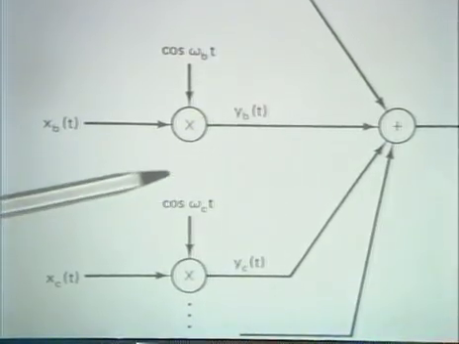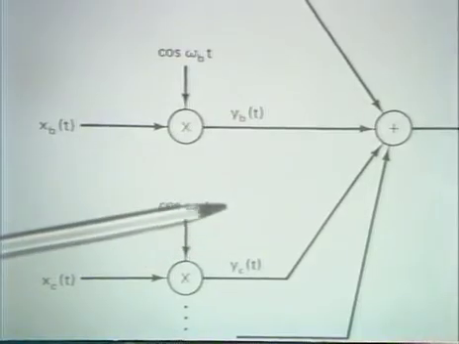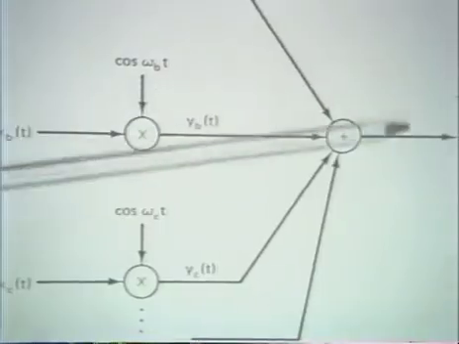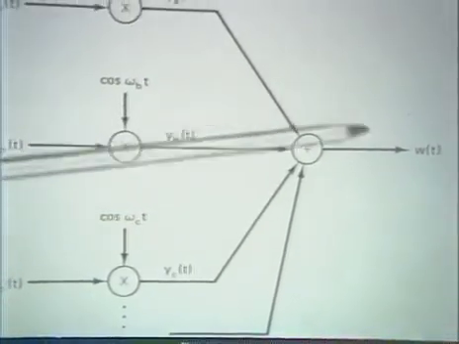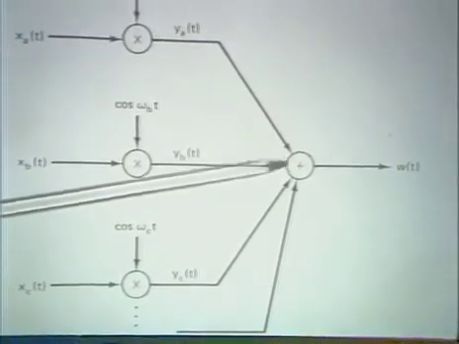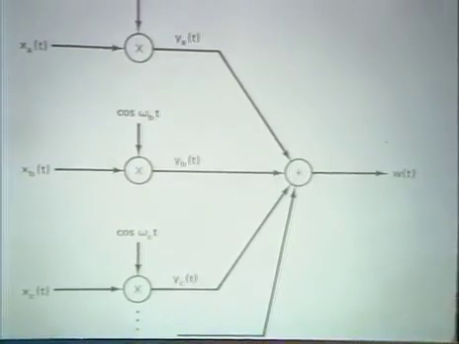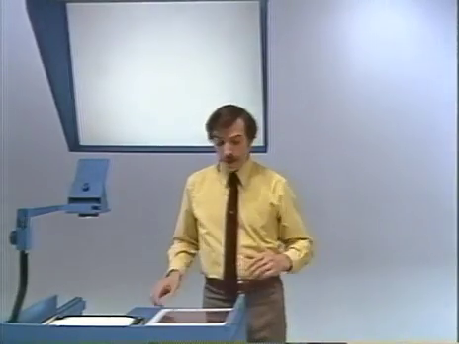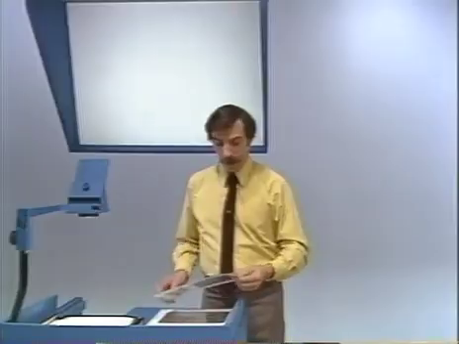And if we choose these carrier frequencies appropriately, then in fact we can add all those together and do it in such a way that the spectra don't overlap and end up with one broader band signal that incorporates the information simultaneously in all of those signals.